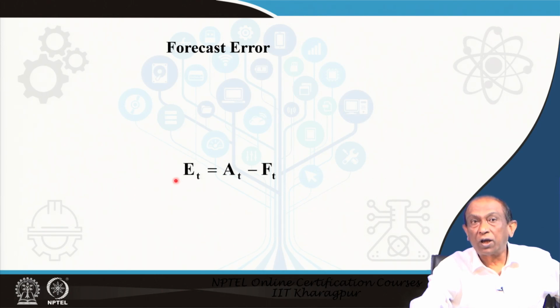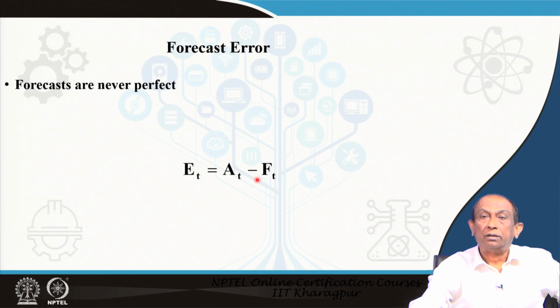So, forecast error is given by E_t equals A_t minus F_t. We had also mentioned that forecasts are never perfect. There is always an error. Forecast is a forecast.